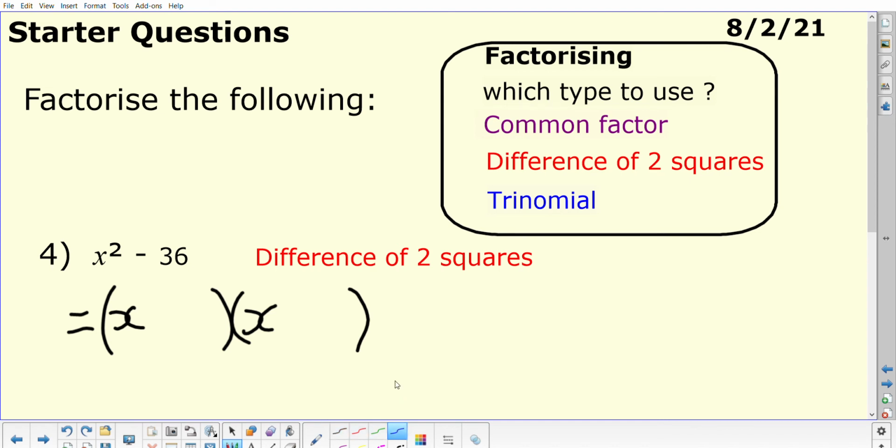And the other thing is that you should recognise that 36 is a perfect square number. It comes from 6 times 6, and that's what's going to go in your bracket, x plus 6 and x minus 6. And you just learn that for difference of two squares, your brackets will almost be the same, but one will have a plus in it and one will have a minus.